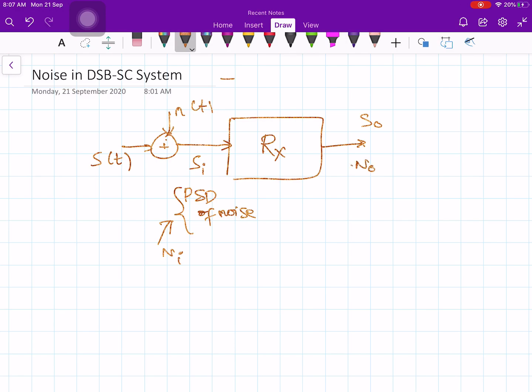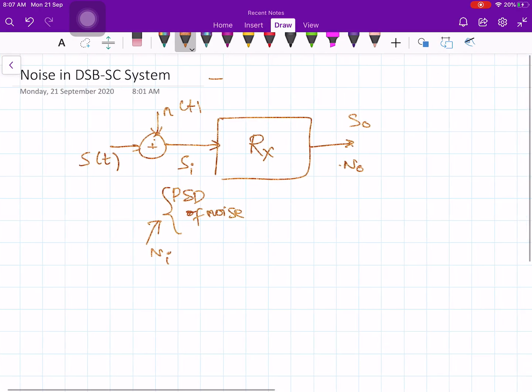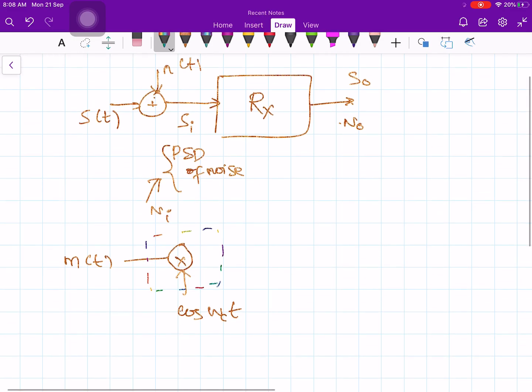Now let us draw the diagram for DSB-SC system. If you recall, at the transmitter you take m of t, and m of t is multiplied by cos omega c t. So I have a multiplier, and for that multiplier I will give cos omega c t. This block is my transmitter. Let me introduce a constant here, root 2.